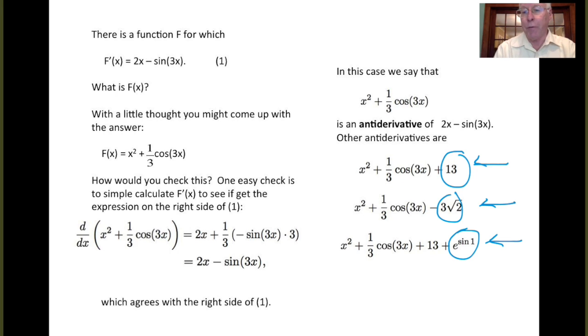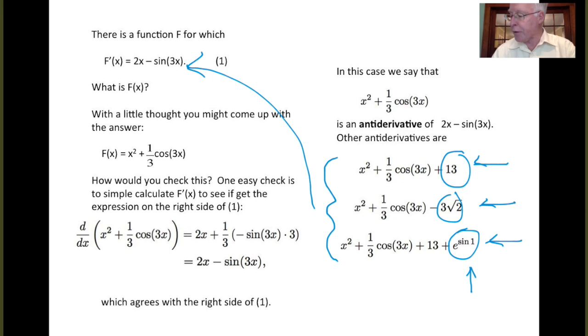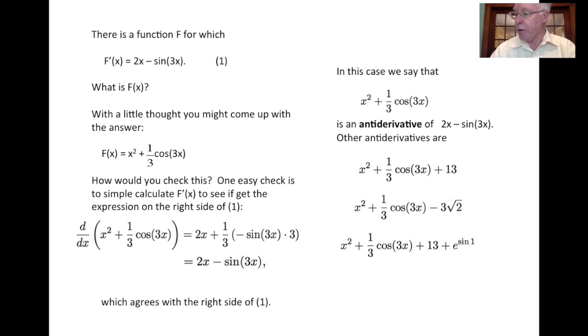If you differentiate any one of these three, you still get 2x minus sine 3x back, because all these constants differentiate to 0. So a function really has many antiderivatives, and we can add or subtract real numbers, that is constants, and still have something that differentiates to the desired function.